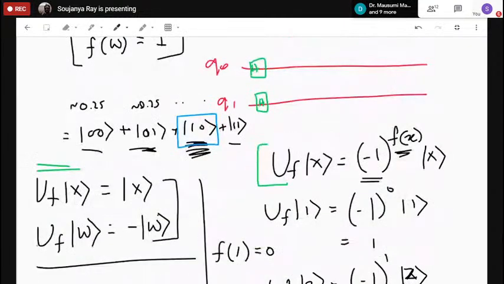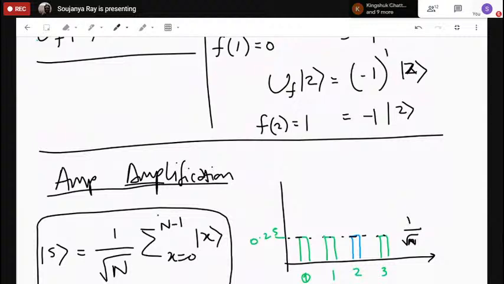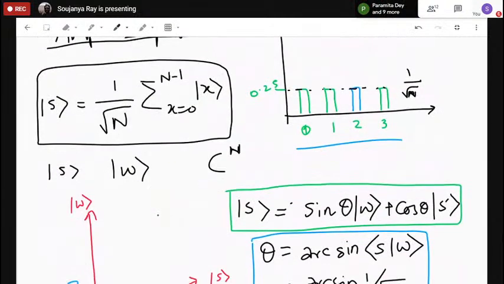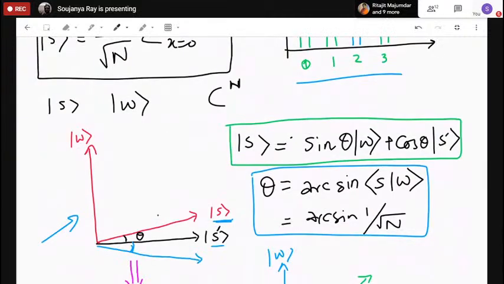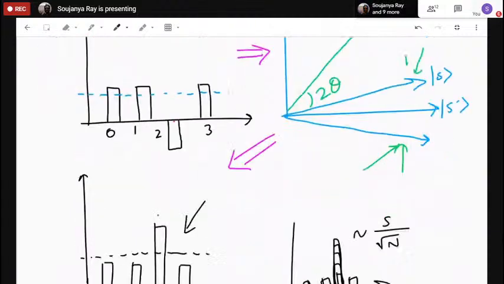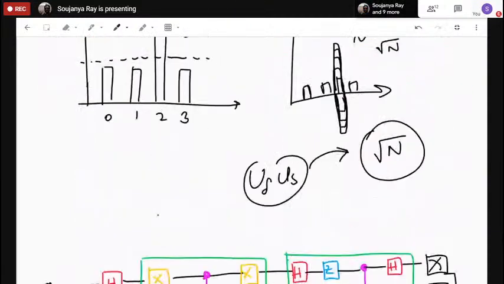You need to make an oracle that inverses the phase of the searched item and does nothing to the phase of the unsearched item. Then you need an amplitude amplification oracle that increases the amplitude of the searched item. So I'll leave you here, and I just pass through, and this is the circuit.